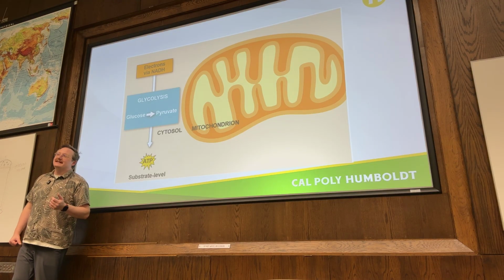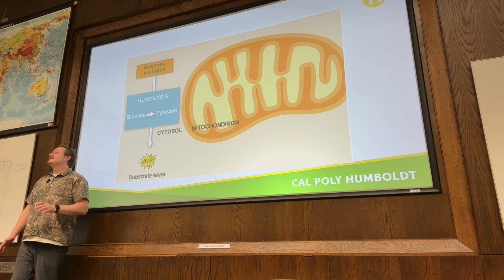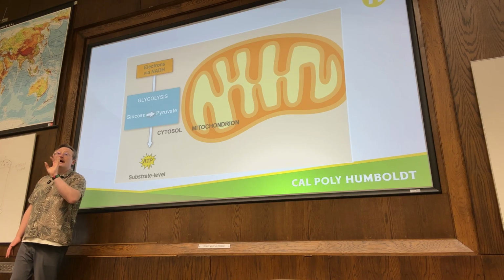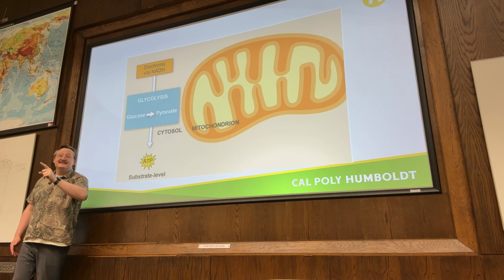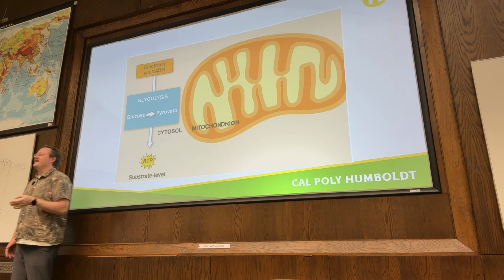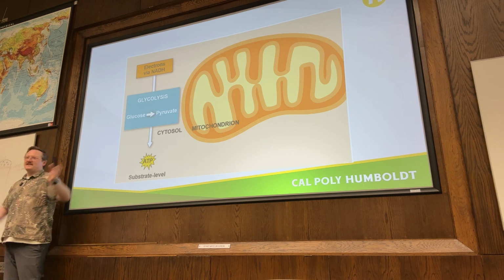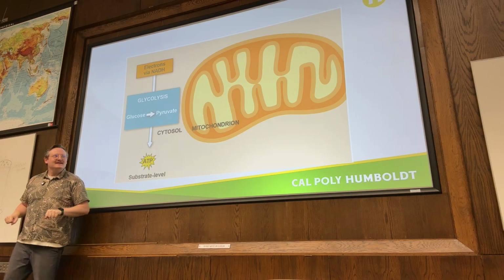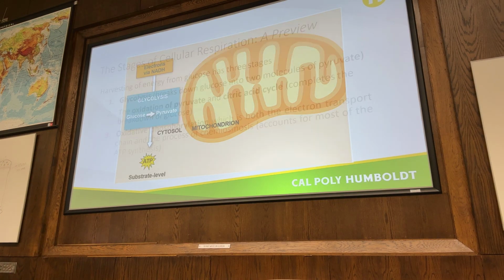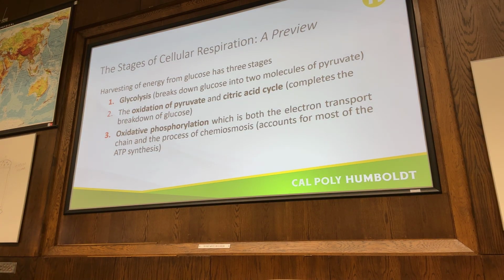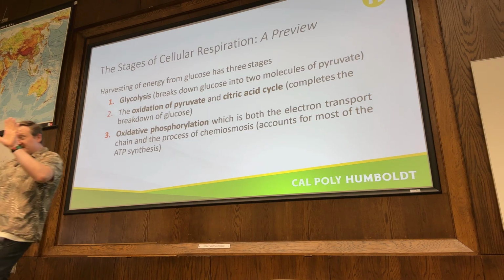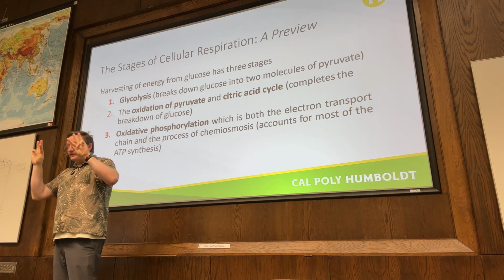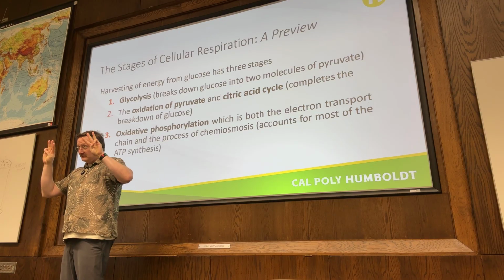That's not actually 100% accurate, but it'll help you memorize which step happens outside of the mitochondria. It's the step that takes the really big molecule and breaks it down into 2 smaller molecules. Okay. So in glycolysis, you break glucose down into pyruvate. A single 6-carbon sugar becomes 2 3-carbon molecules.